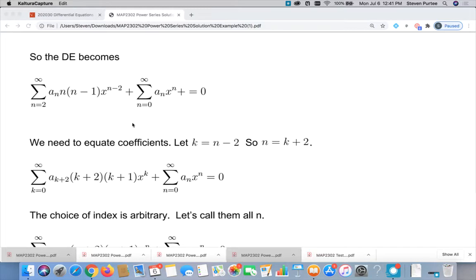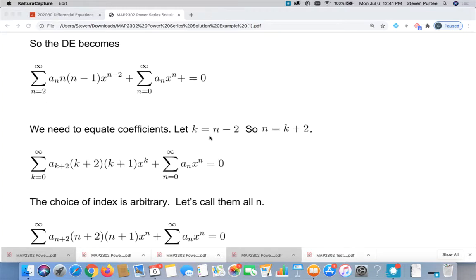The long way to do that is rename k equals whatever we have here so that these two will look the same. So this will be a k. That means n equals k plus 2, and rewrite all these in terms of k.